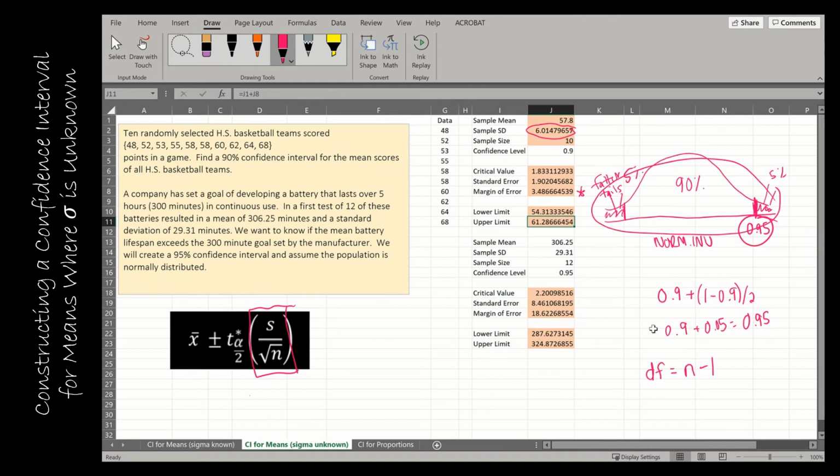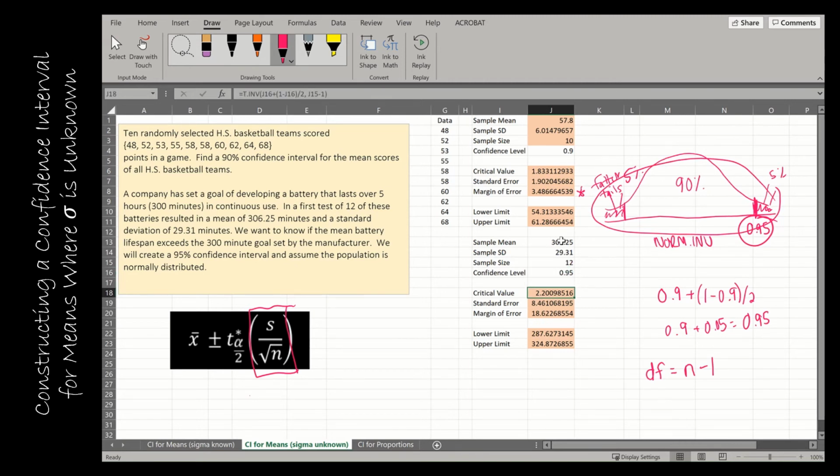Same idea, but notice on this one, I'm given the mean, so I didn't have to find the average, find the standard deviation, find the sample size. I'm just inputting 306.25, 29.31, sample size of 12, and confidence level of 95%. Then I did the exact same thing I did for my first question, same formulas.